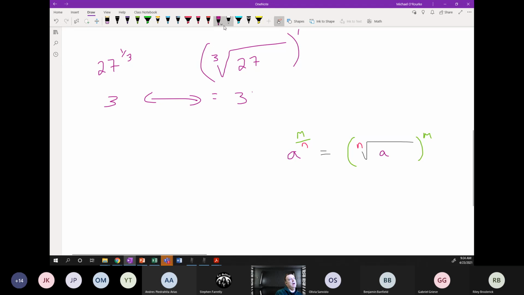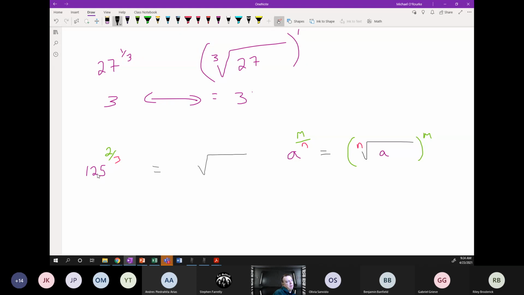Okay, I'll do the first couple. So let's go with 125 to the 2 over 3. That is going to equal, I'm going to put my square root sign here.